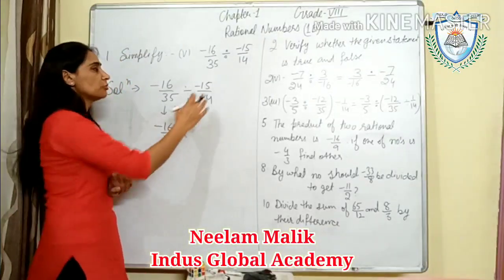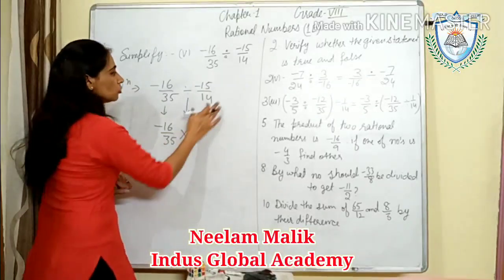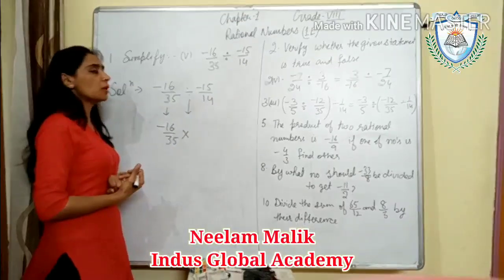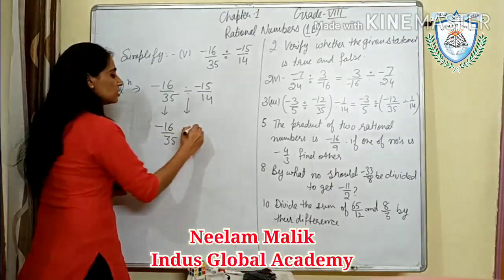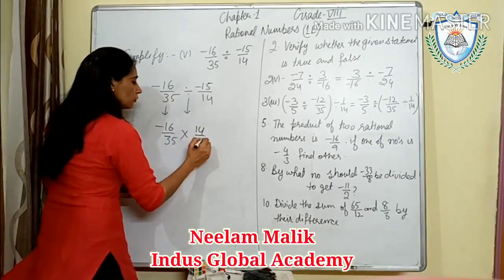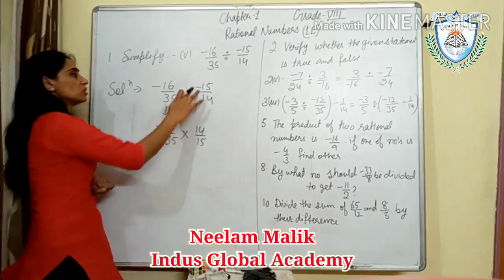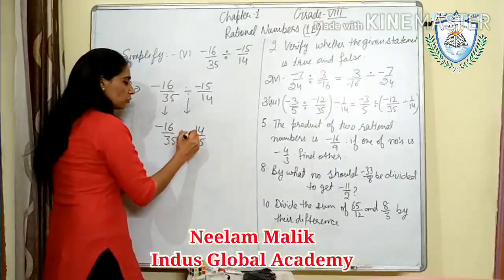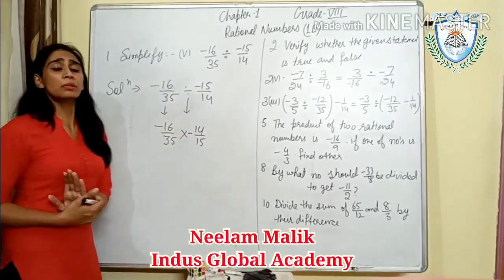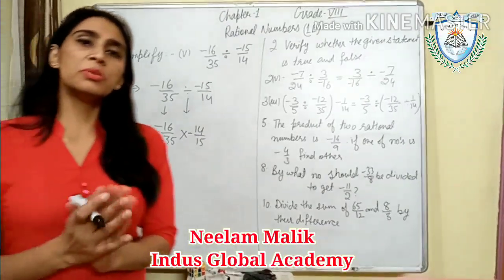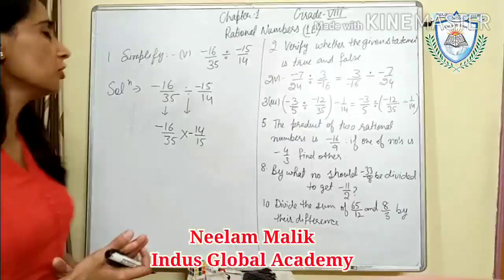What is our second number? Minus 15 upon 14, so we will take the reciprocal of that, that means 14 upon 15. This complete number is negative because the negative sign is here, so I can put this negative here. Reciprocal means the numerator becomes the denominator and the denominator becomes the numerator.